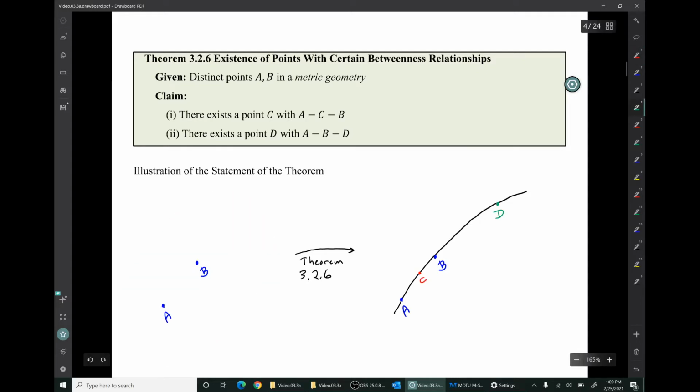Now notice that this illustration shows on its left the given stuff, just distinct points. That's all the left picture shows. The right picture shows the stuff mentioned in the claim.